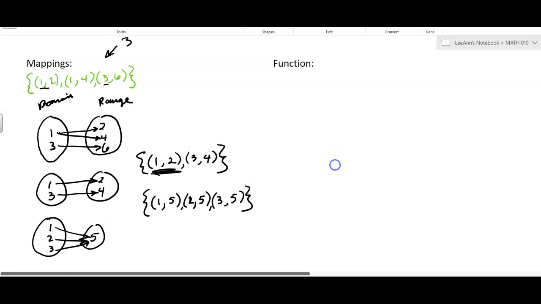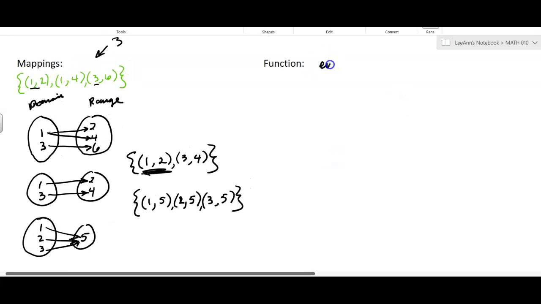Now we want to relate this to a function. A function is when every input maps to only one output. So in other words, you can't have an input going 2 different places. Okay?